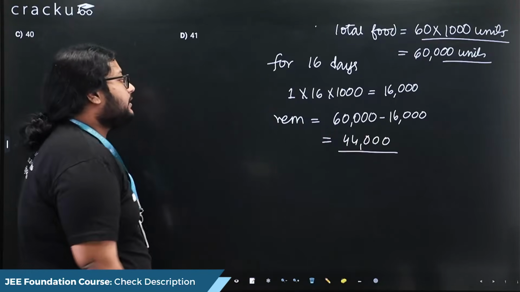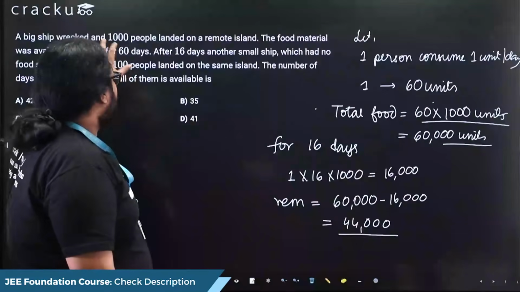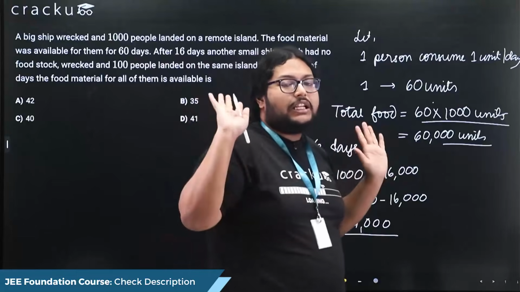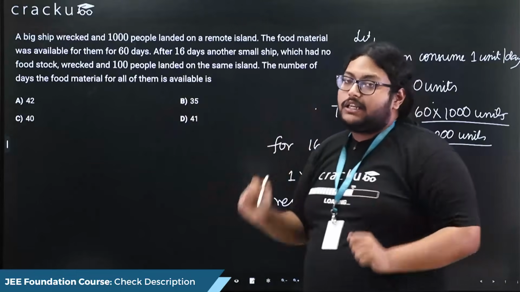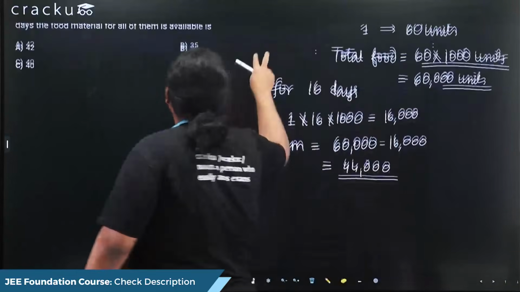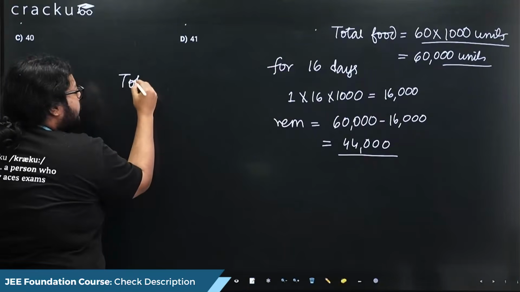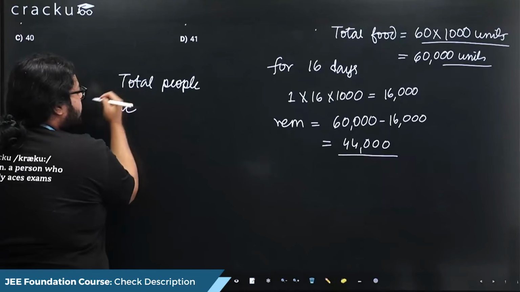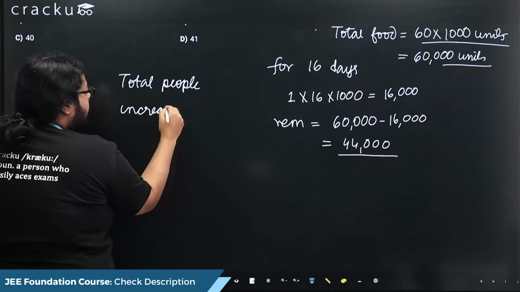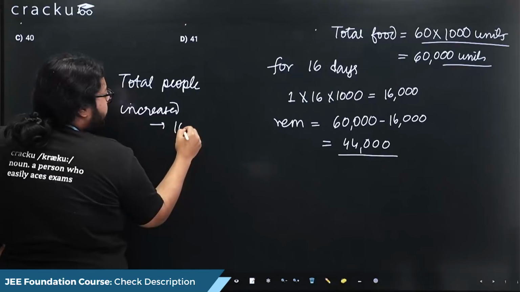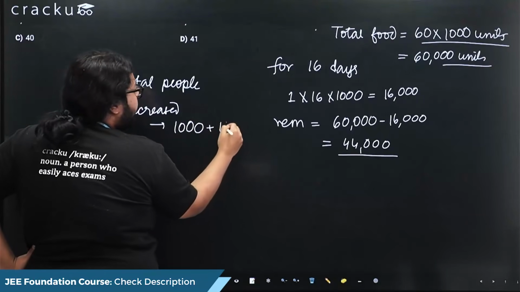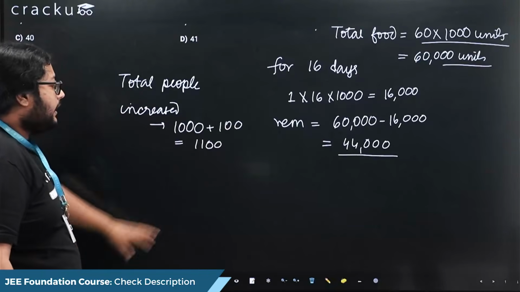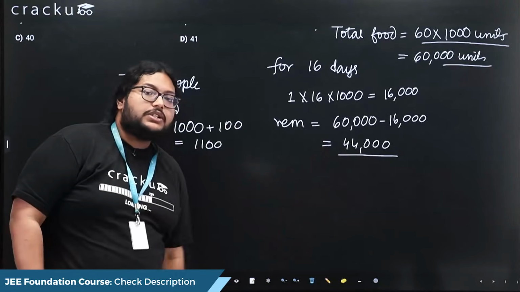44,000 units is remaining. Now, another ship came after the 16 days and that one did not have any food. There were 100 more people. So what is the total number of people? Earlier it was 1,000, and the new 100 are joining, so essentially 1,100 people are there now. 1,100 people, 44,000 units of food.